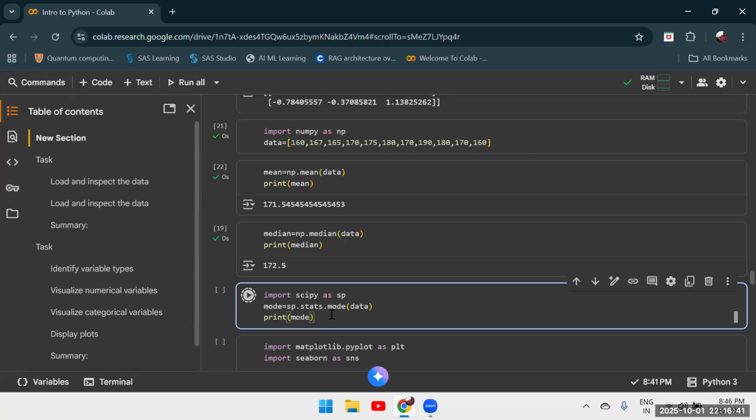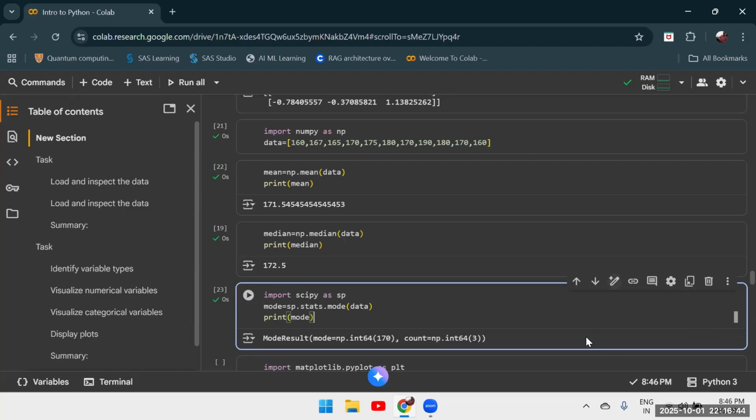Let's see what this is telling. The mode result is 170. It is also giving us a count, which is 3 times this particular value has occurred, and the value that has occurred is 170. So this is how you compute the mode of this data set. Is this clear, Raghav, Sashi? Yes, sir.